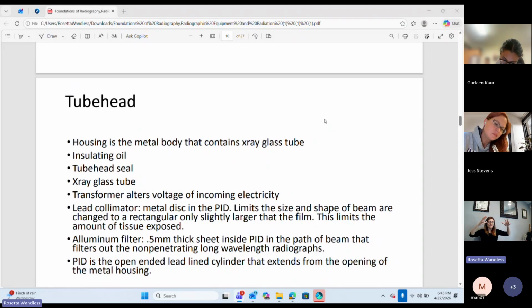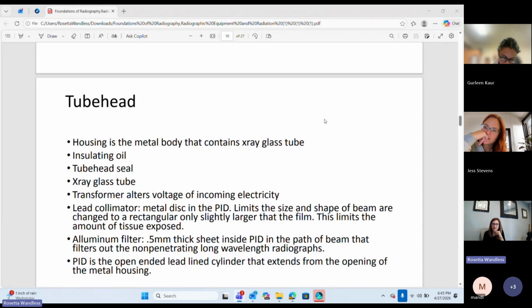If the outside is either a metal body or an aluminum body, the next layer will be called the tube head seal. That is a lead liner that surrounds the entire inside of the tube head. Makes sense, right?